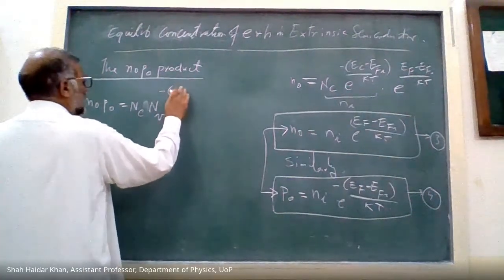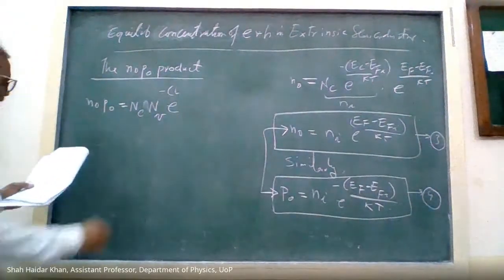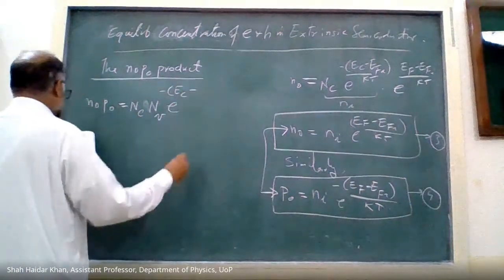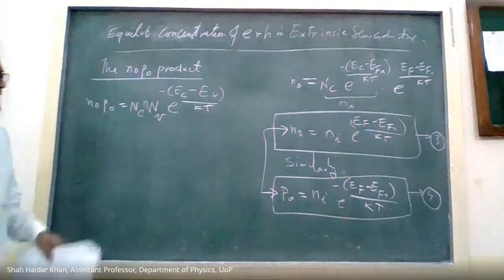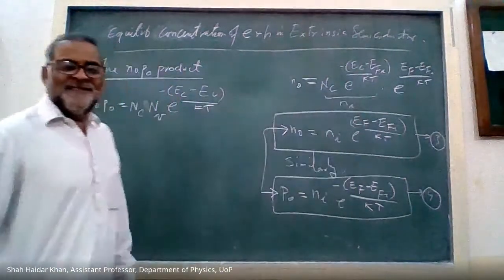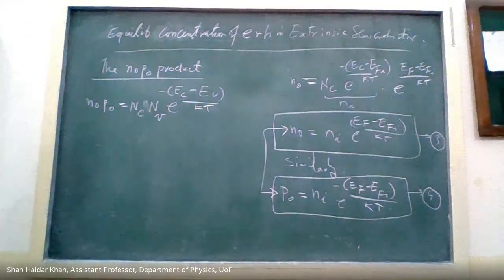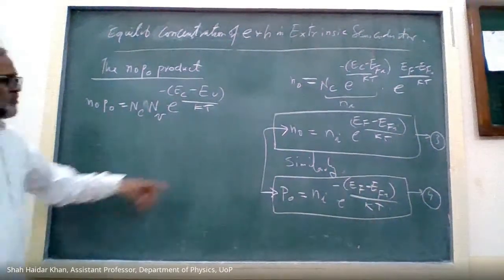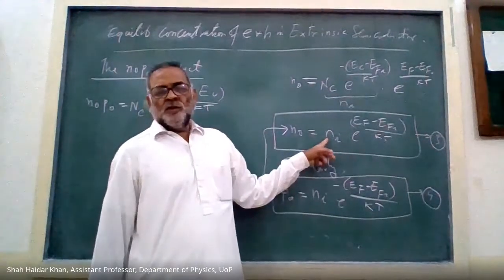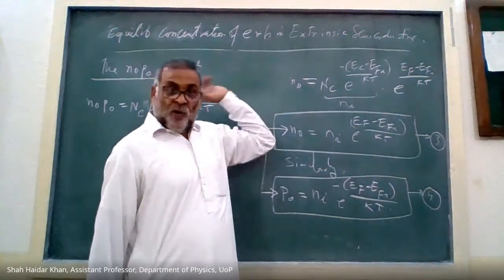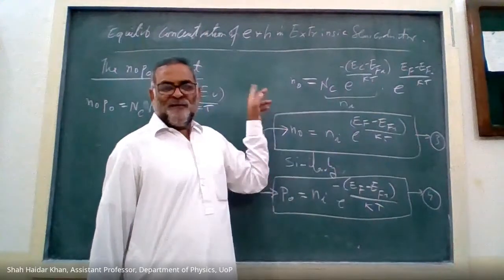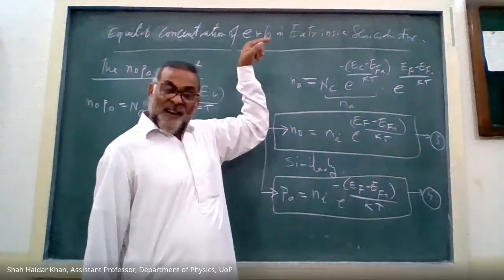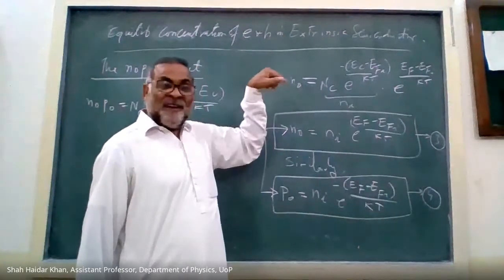minus EV over KT, EMPF goals. And I go to that older equation, and I was a replacement for NC e to the power minus EC minus EF divided by KT.